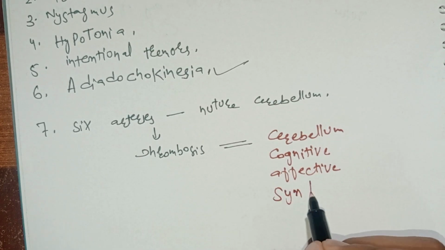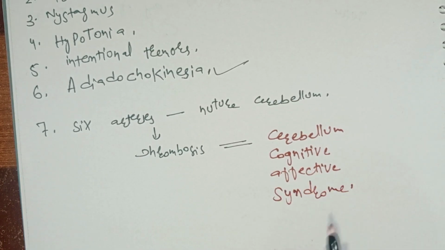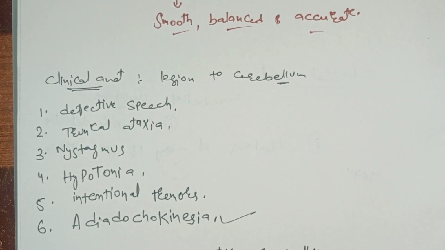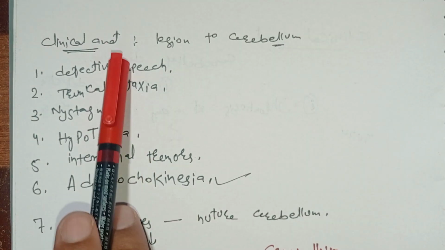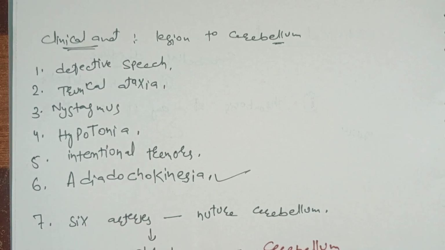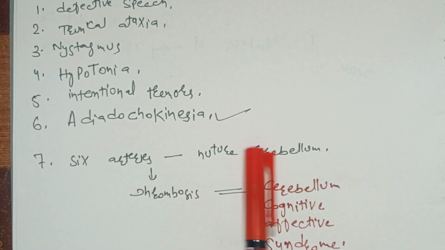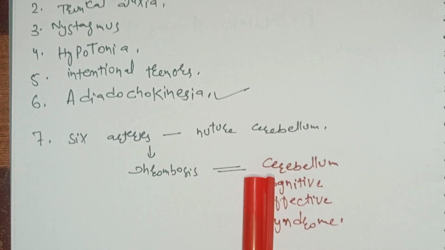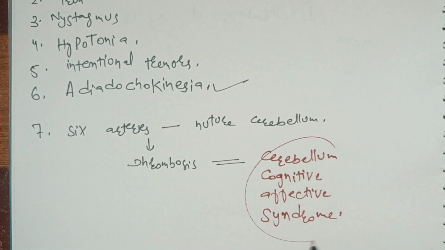So this is the clinical anatomy of the cerebellum. A lesion to the cerebellum will result in these problems, and thrombosis to any of the six arteries that supply the cerebellum will result in cerebellar cognitive affective syndrome.